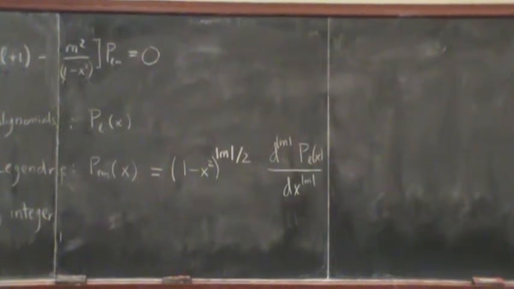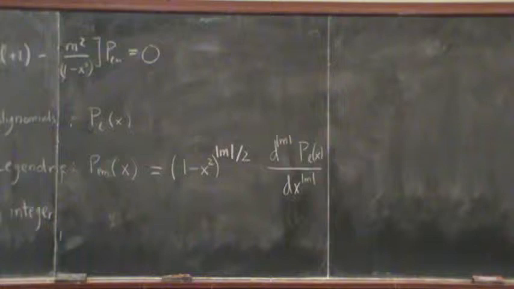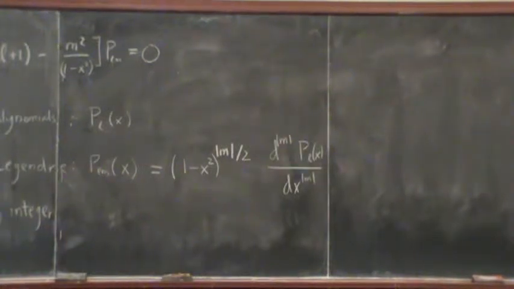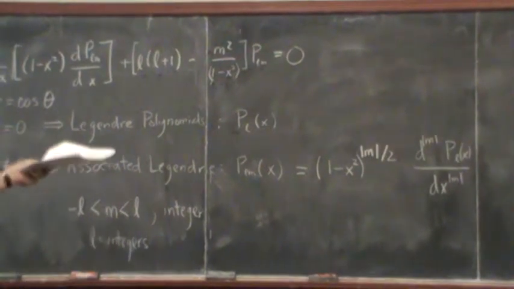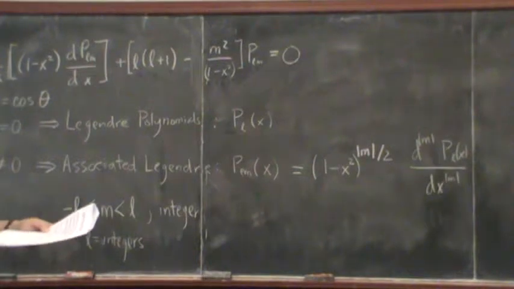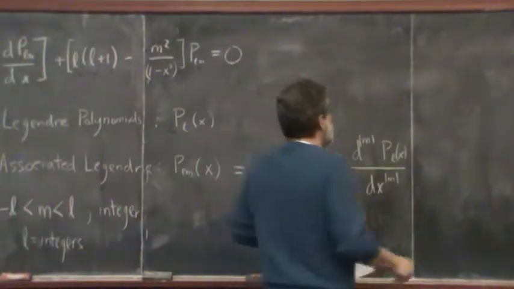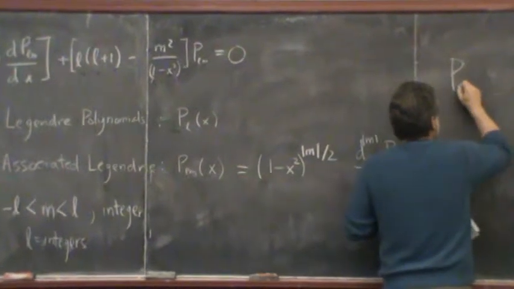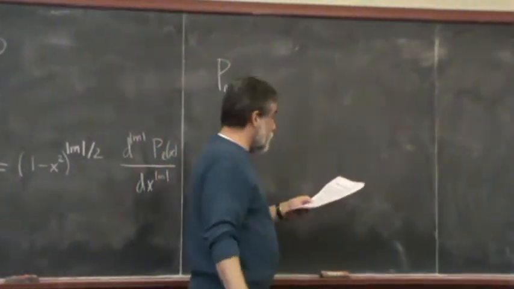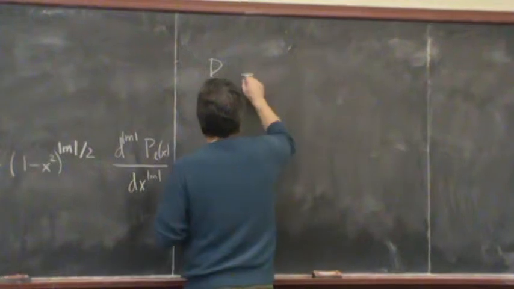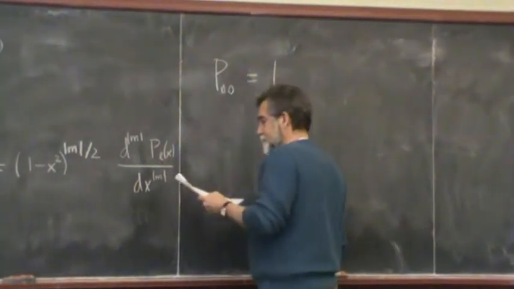Most of the time, we're only going to need to know a few of these functions, and you can look them up in your handy shelves if you don't want to go through and use generating functions to find them. So the associated Legendre polynomial for l equals 0 and m equals 0 is 1.